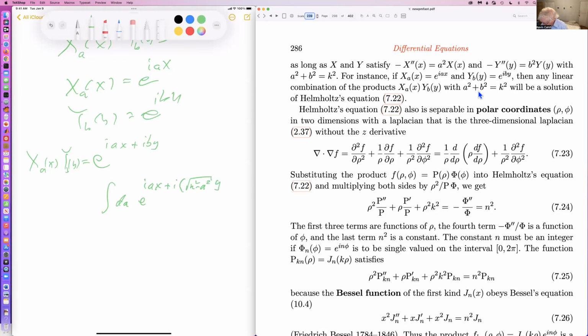So this is probably basically a general solution. And of course, we can multiply that by an arbitrary function f of a. So this is something like a general solution.